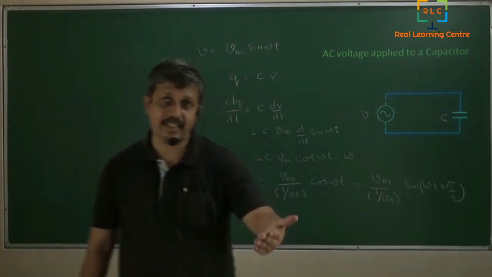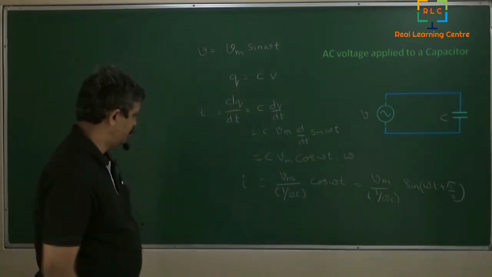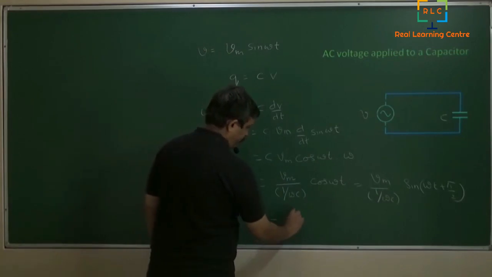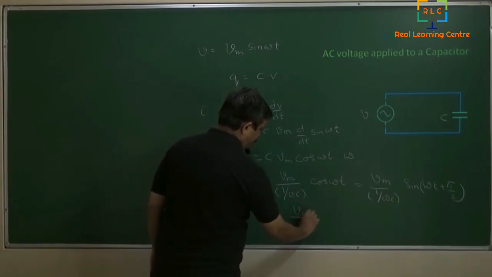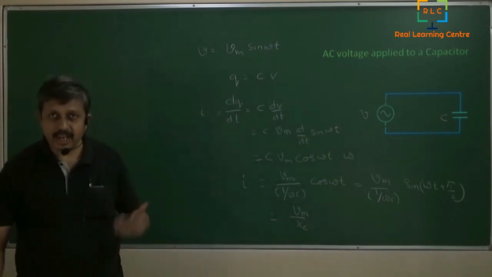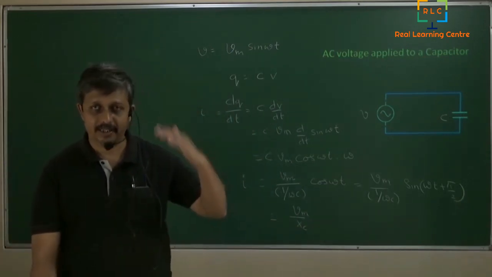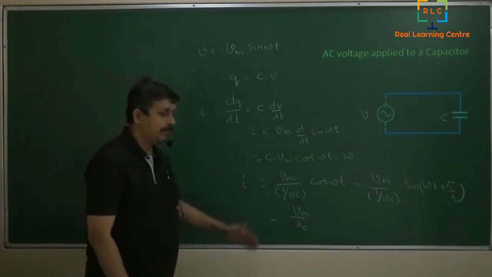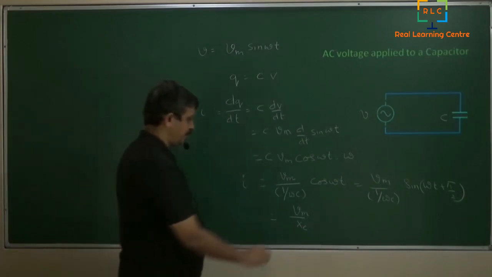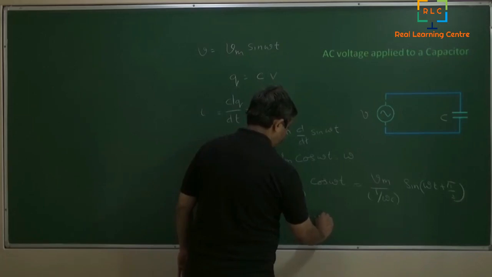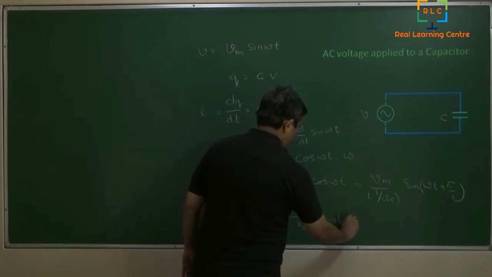That means the current is kind of ahead. So we can write this as Vm by Xc. It's also reactance, but it is a capacitive reactance, Xc. The other one was XL, inductive reactance, into sin omega t plus pi by 2.